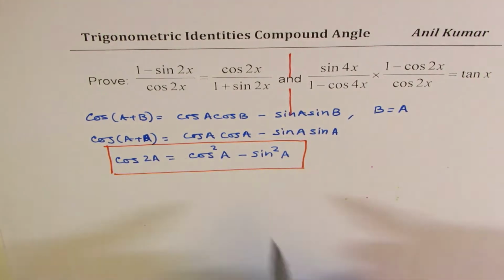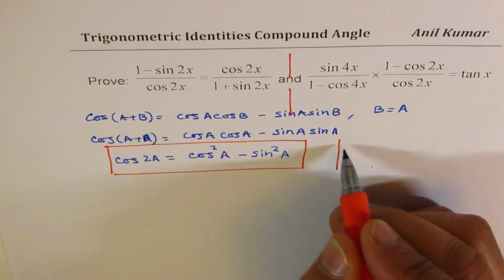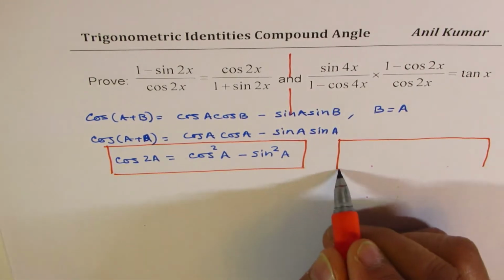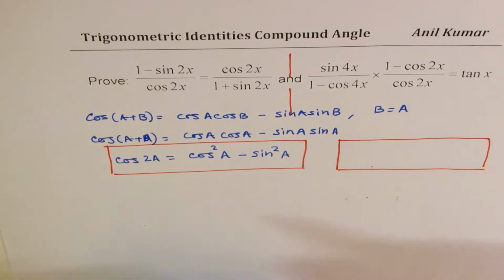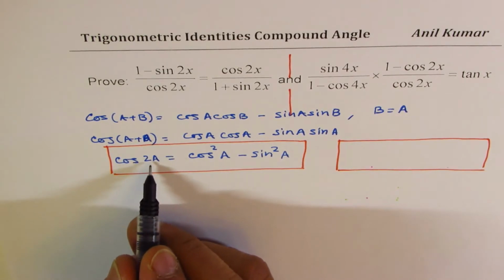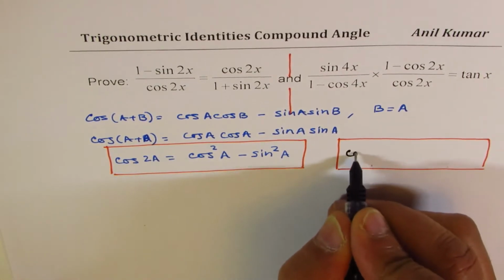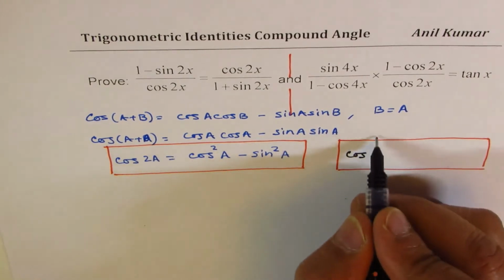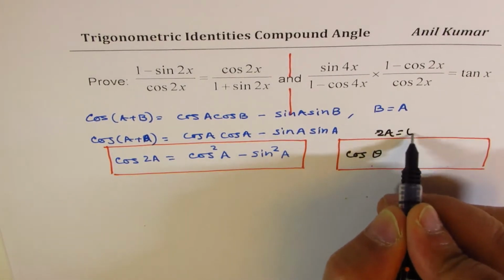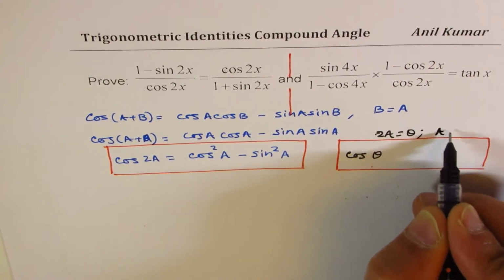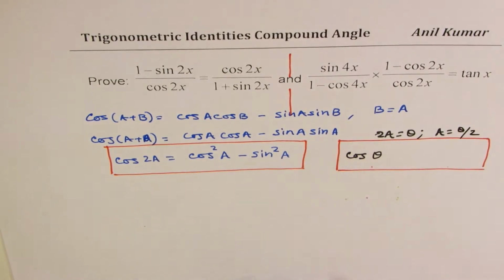The equivalent half angle formula is, let me make another box here for the half angle formula. If I replace 2A by, let us say, theta, so I'm saying let 2A equal theta, then A equals theta by 2. Is it okay?